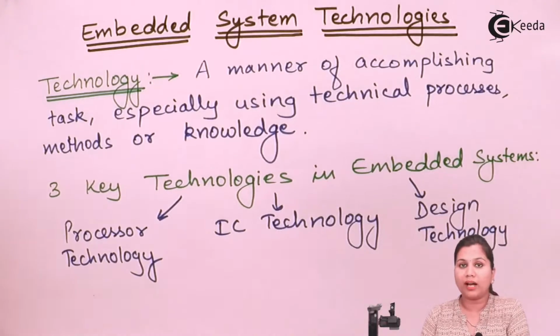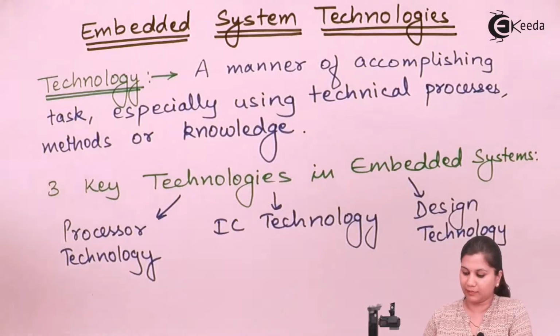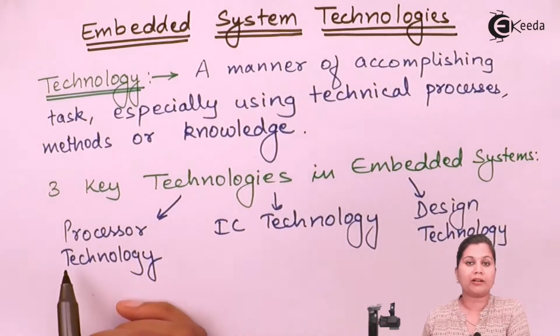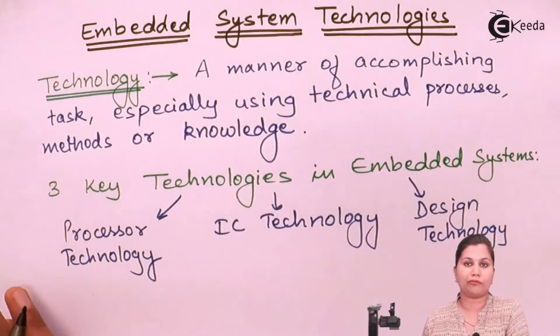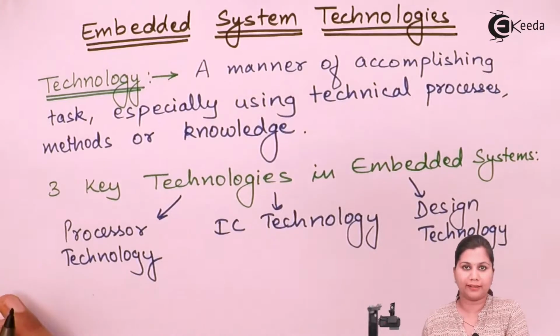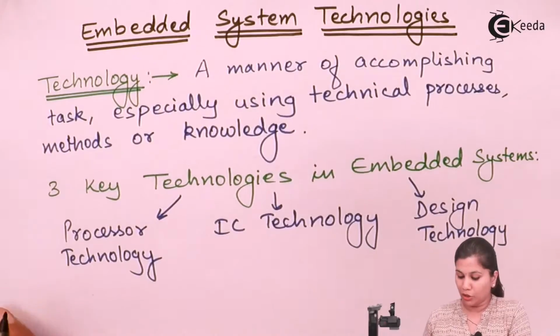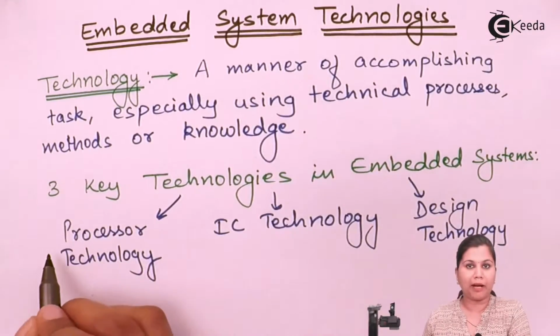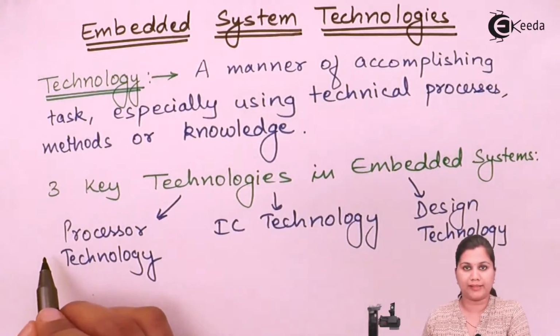In the hardware part, the main or basic part of the embedded system is the processor, because the processor performs all the processing and operations in the embedded system. So the processor is called the main part, or the heart, of the embedded system.